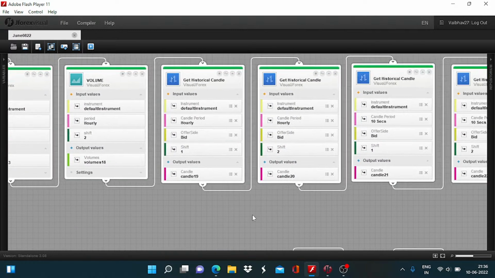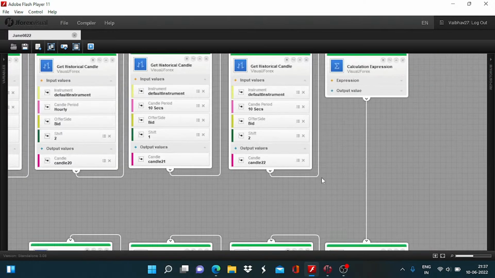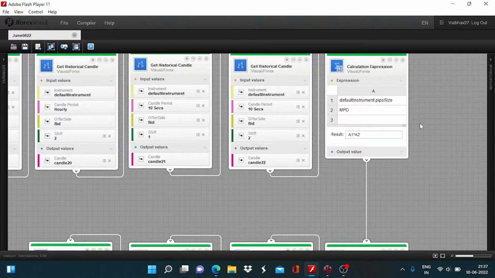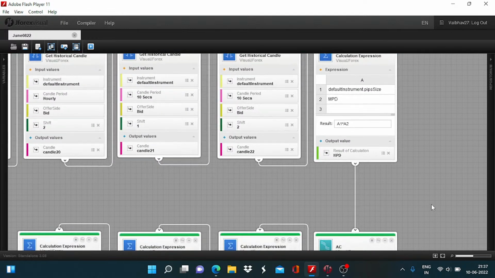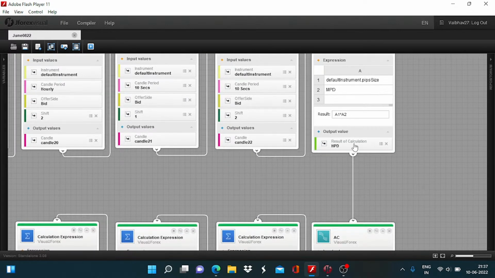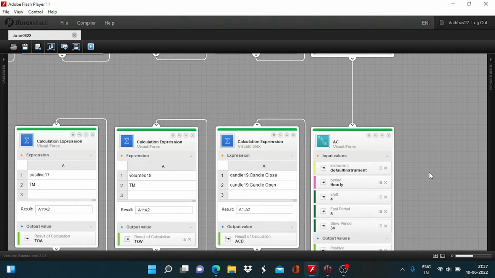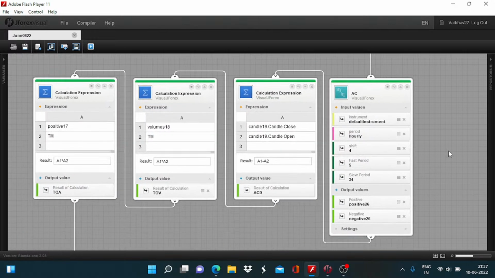And to look at the price volatility, we are also taking the help of info candles of these get historical candle blocks. Then these calculation expression blocks were utilized to set the variables. Here, this was the variable with a value of 10 pips, which we are considering as a criterion for looking at the actual difference between the last hour's closing and opening price.